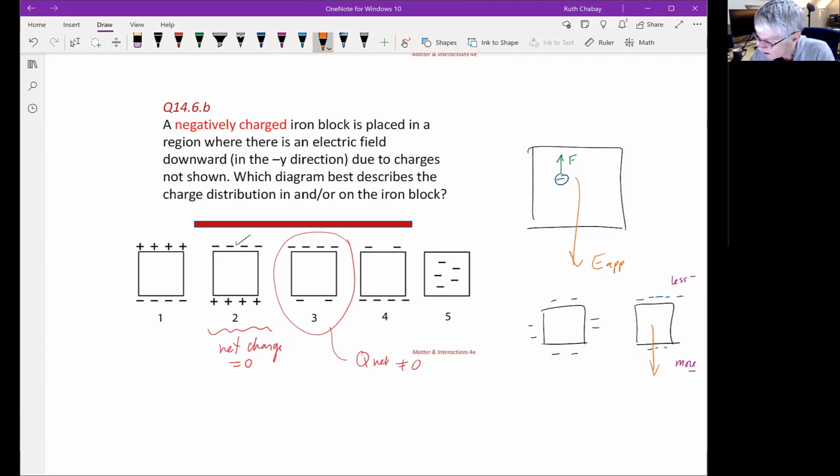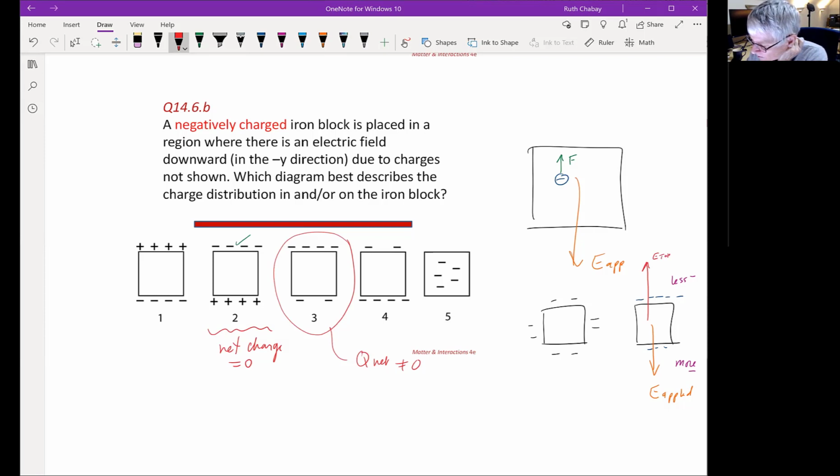So here's our E applied, and the negative charge on the top makes a big field.